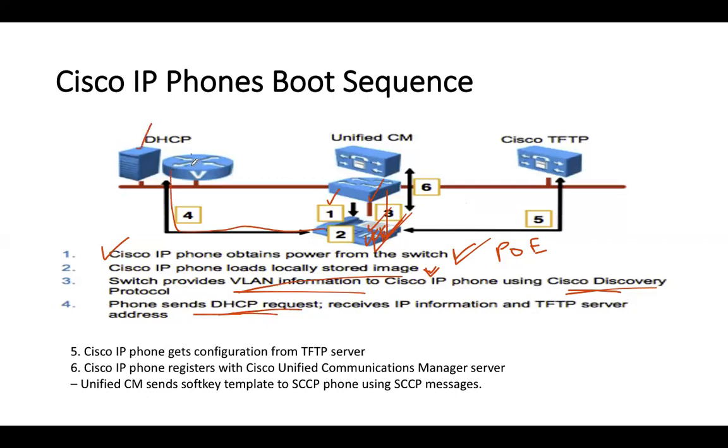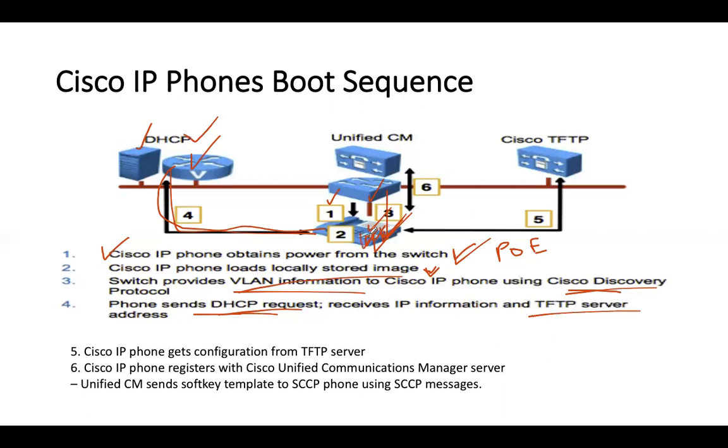It could be a server, it could be a router that you configure, or it could be the call manager itself. Whoever is the DHCP server will reply with a valid IP address. Now it has the IP address, and for further images to download, the DHCP server will also let this phone know who your TFTP server is, so that it can contact the TFTP server.